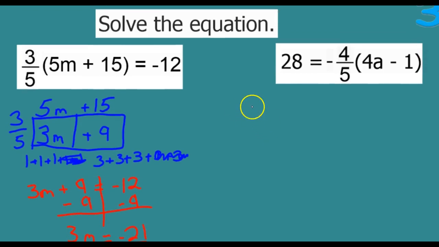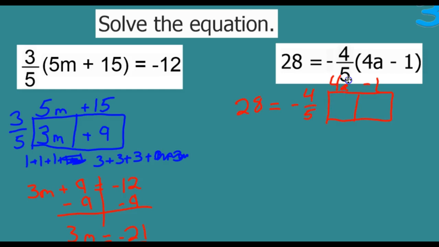If I go on to my next one, I get 28 equals, now I have a negative 4/5 outside, and in my box, or on top of it I mean, I'm going to have 4a minus 1. Now this is a multiplication problem where it might be easiest to use your calculator.